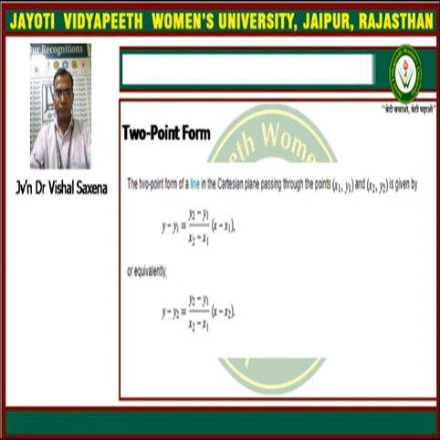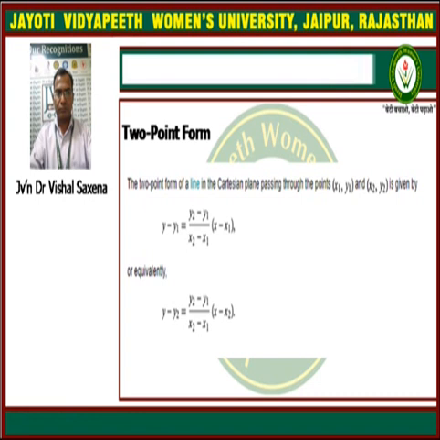Here the 2 points through which the line passes are x1, y1 and x2, y2. This equation can also be written in another form, given below: y minus y2 is equal to y2 minus y1 upon x2 minus x1, multiplied by x minus x2.